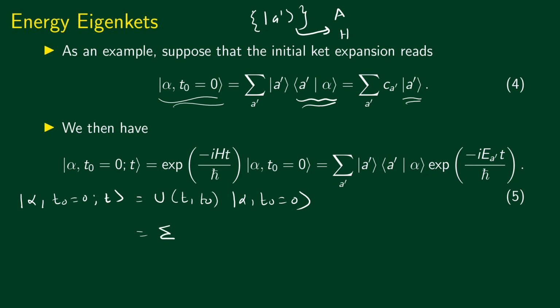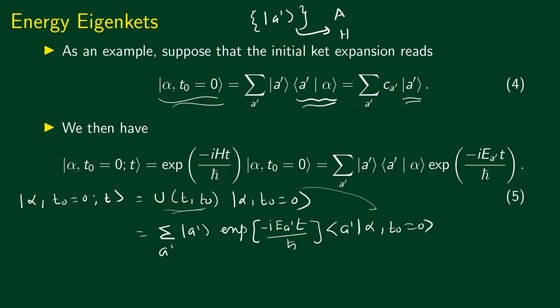The form of the time evolution operator we obtained in the previous slide is sum over A prime ket A prime, exponential minus i E A prime t divided by h bar, and then bra A prime. This is U of t, t0. Now you just act it on the initial ket alpha, t0 equal to 0.